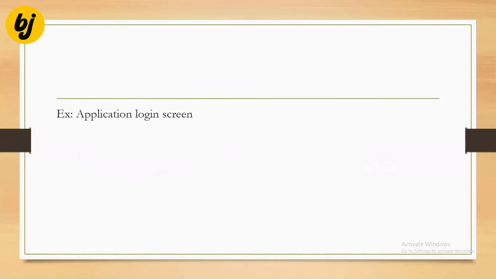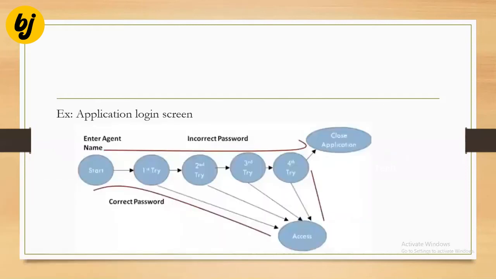Let us consider an example: an application login screen. Enter the agent name and an incorrect password on the first attempt. If you entered an invalid password, it should give an error message. If you give the correct password, it has to access the application. So first attempt, assume you gave an incorrect password, we got an error message. Second attempt also, incorrect password, again an error message.